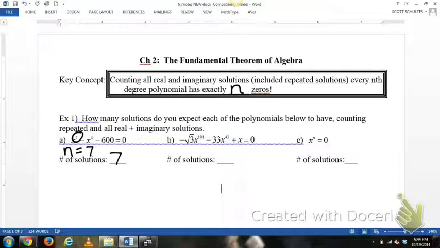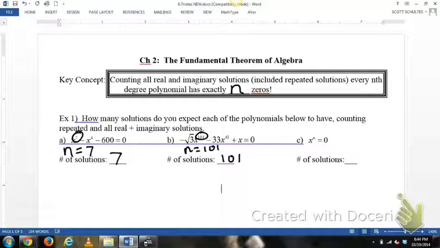If you look at part B, I made this one a really crazy looking polynomial, but nonetheless it's a polynomial. The highest exponent you see here is 101, so that would be a 101 degree polynomial. If we were to solve this, it would have 101 total solutions. Luckily, we're not going to come close to working with that high of a power, but just to drive home the point.